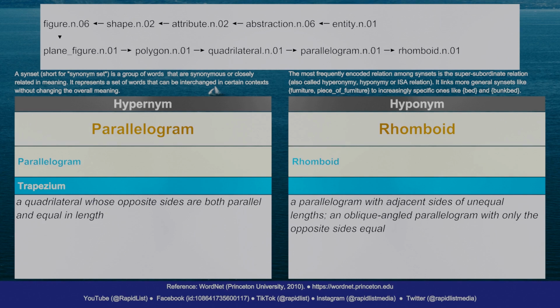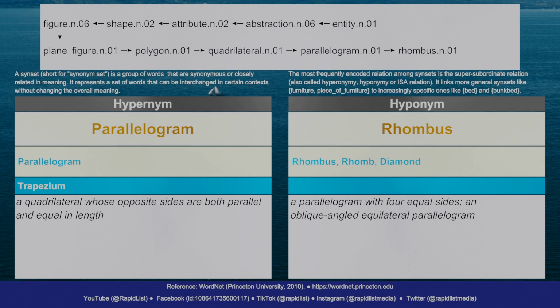Rhomboid. A parallelogram with adjacent sides of unequal lengths, an oblique angle parallelogram with only the opposite sides equal. Rhombus. A parallelogram with 4 equal sides, an oblique angled equilateral parallelogram.